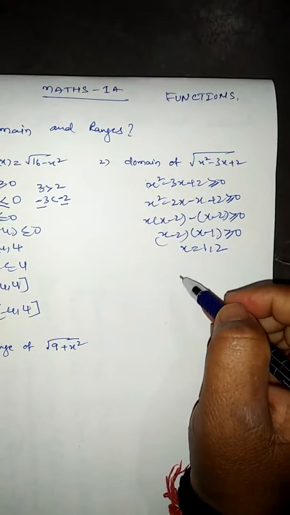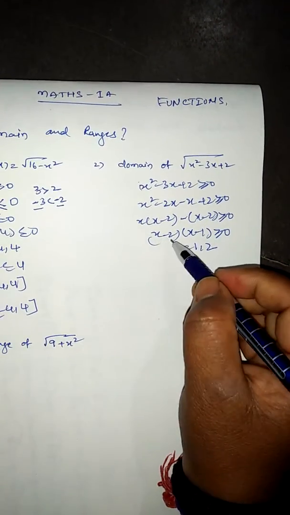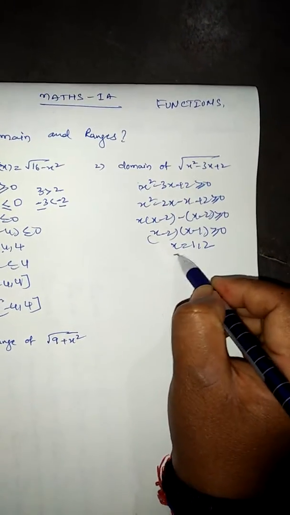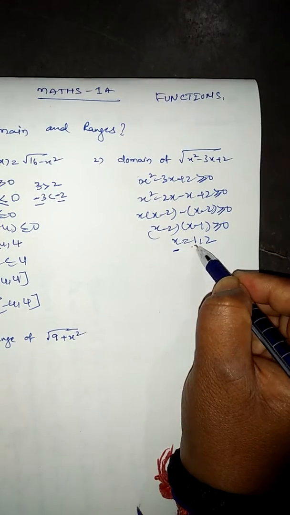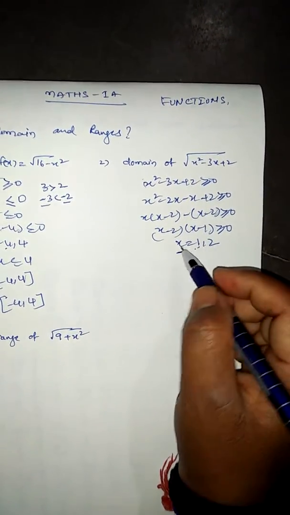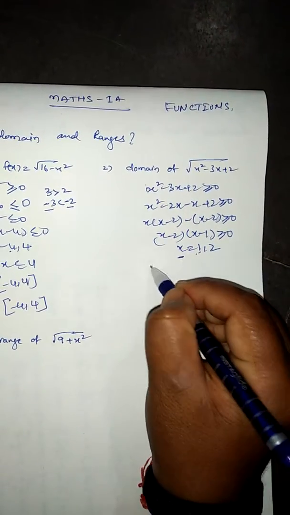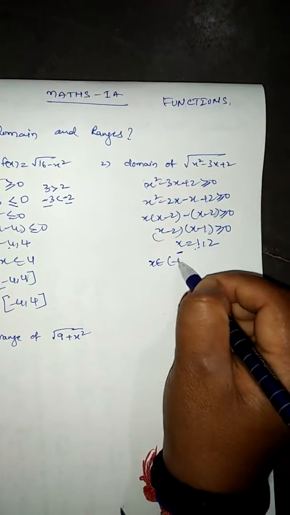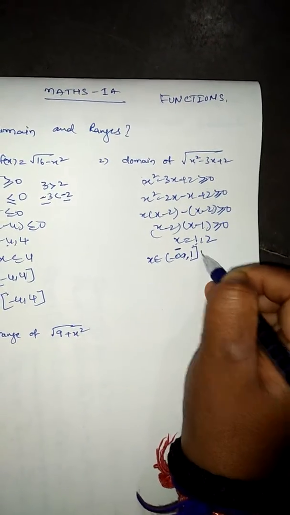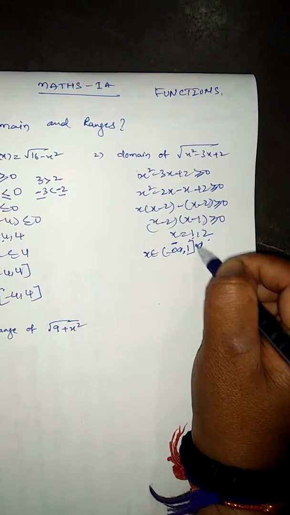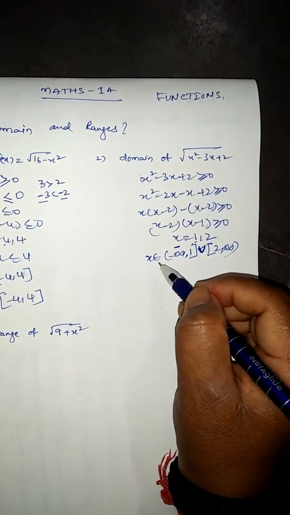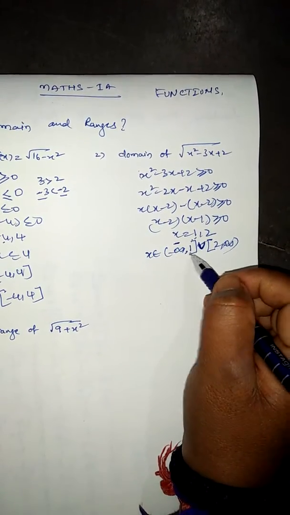Now here we should know one property. (x minus 2)(x minus 1) greater than or equal to 0 means that in this case x values do not lie between 1 and 2. How can I write that in mathematical format? x belongs to minus infinity to 1 closed interval, union 2 to infinity. This means x values do not lie between 1 and 2.